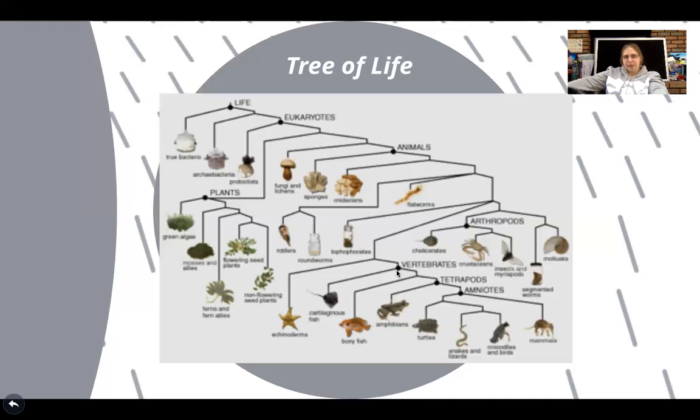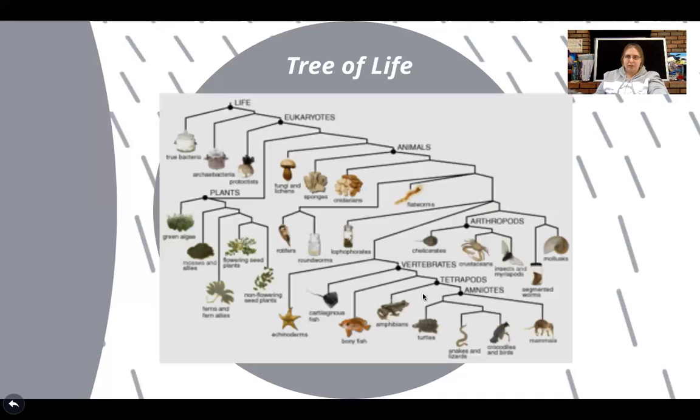Then we have the vertebrates, which include chondrichthyes, which are the cartilaginous fishes like the sharks and rays, Osteichthyes, which are the bony fish, and also the jawless fish, which are lampreys and hagfish.